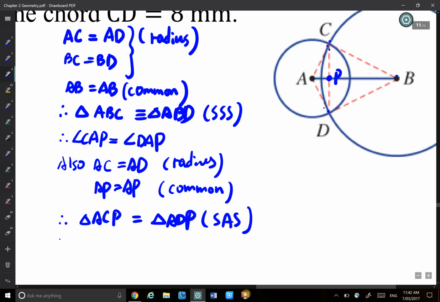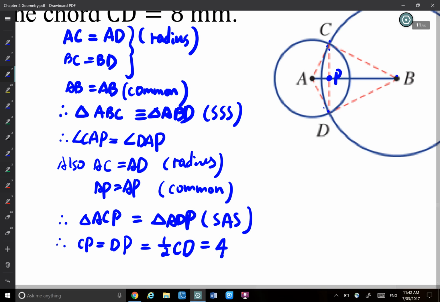So what do we know now? CP must equal DP, and they must each equal half of CD, which is 4, because the length of CD is given as 8, so they are half and half. Because the triangles are congruent, those two pairs must be the same.